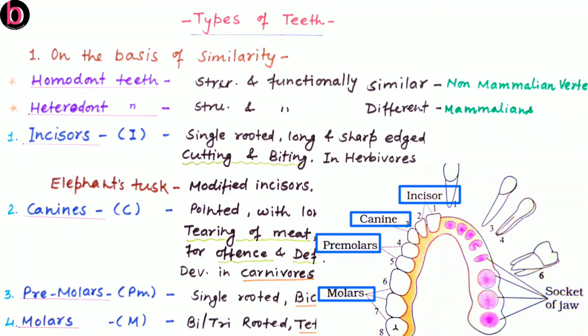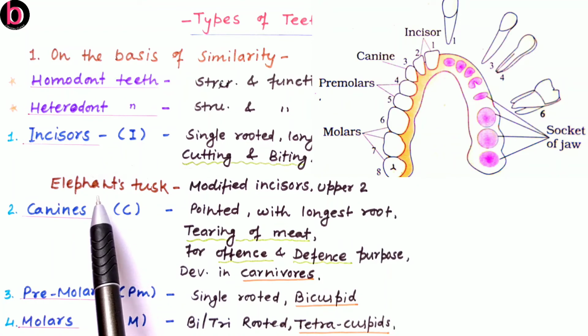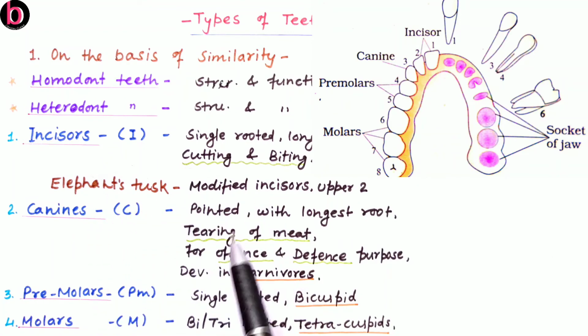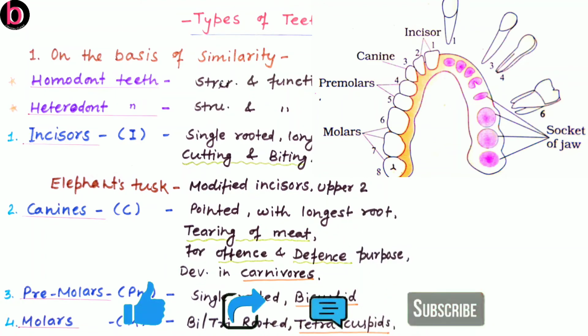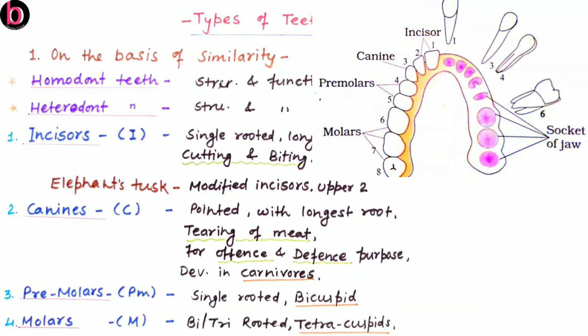Rodents are those which feed on seeds. In the elephant, the tusks are also a modification of incisors. The upper two incisors get modified and appear outside the mouth to form the elephant tusk.